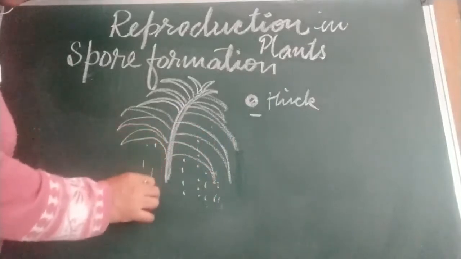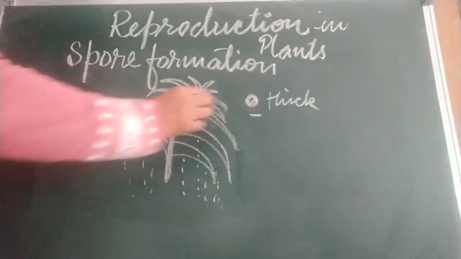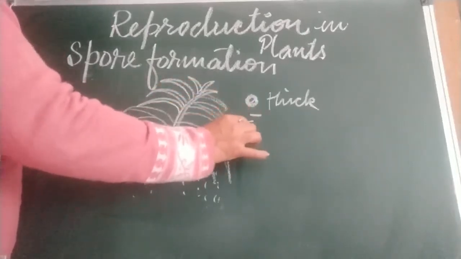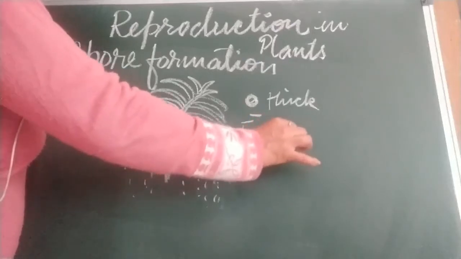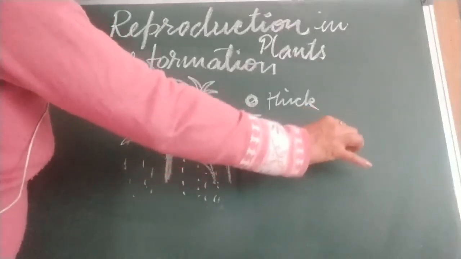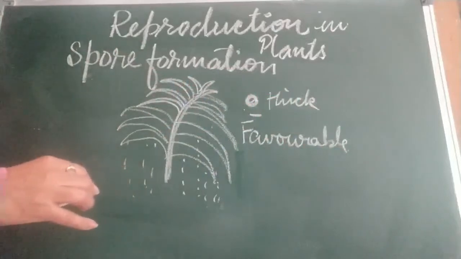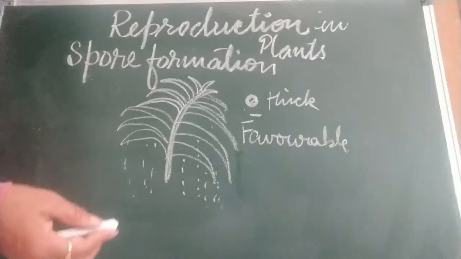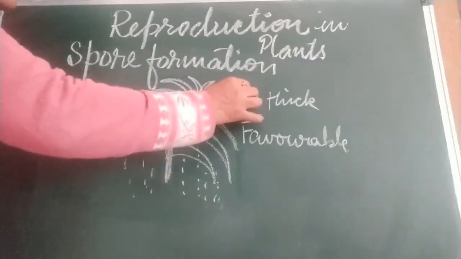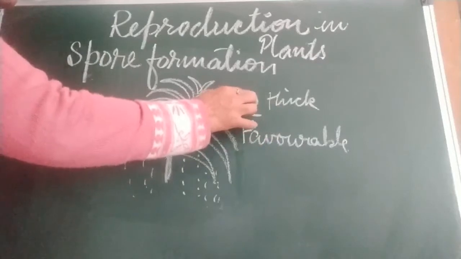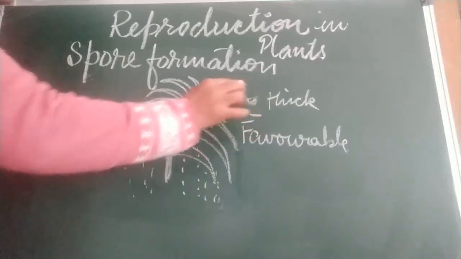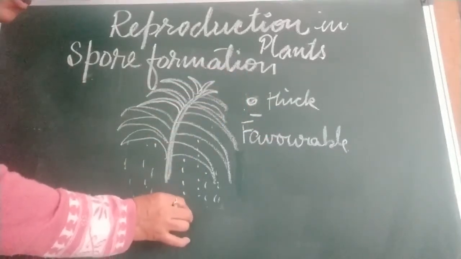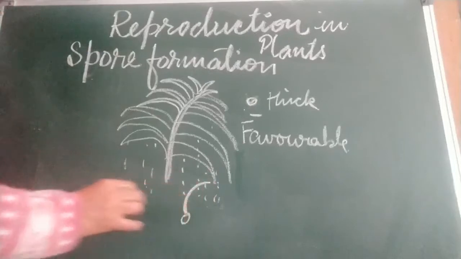When the spore is lying in the soil and favorable conditions come, like moisture is there and temperature is proper and food is there, then what will happen? Temperature and moisture, two important things. This outer covering will dissolve and the cell is exposed and a new plant is going to form from this spore.